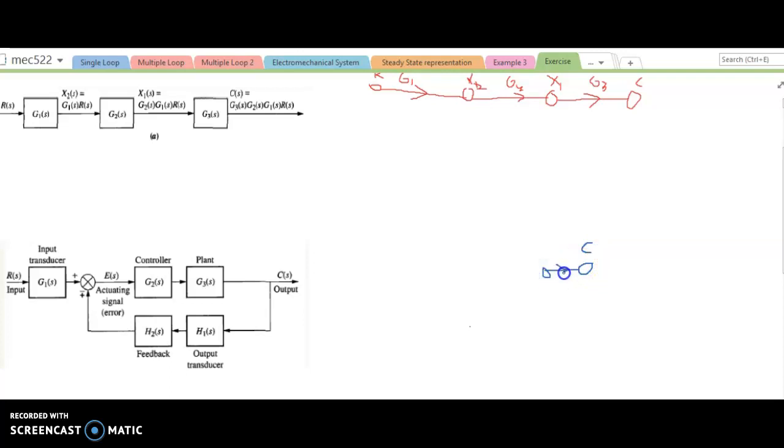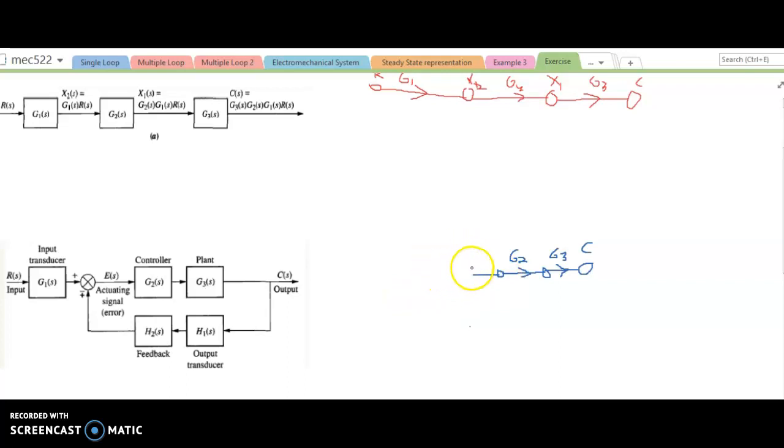Okay, this one, saya ni terbalik pula, G3. And then input for G2. And then ada summation kat sini. Summation kita tak perlu masukkan.